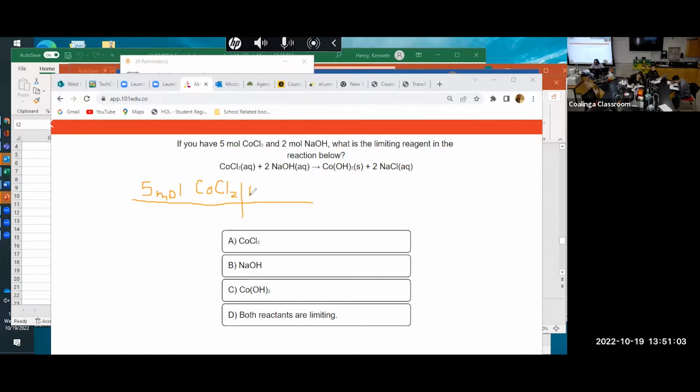For every 2 moles of NaOH, we have 1 mole of cobalt(II) chloride.